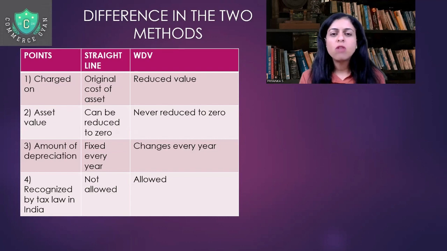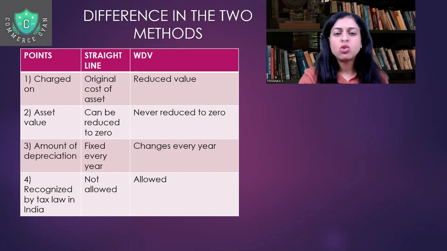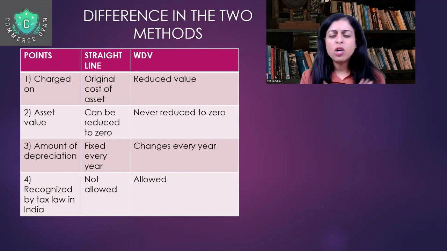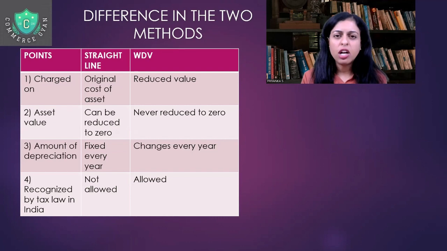So try and solve these as examples so that you have a little practice on depreciation. Once you understand the concept, it's not very difficult. You can go through this video again in case you have some difficulty, and see that the examples we have solved here are quite simple to calculate.